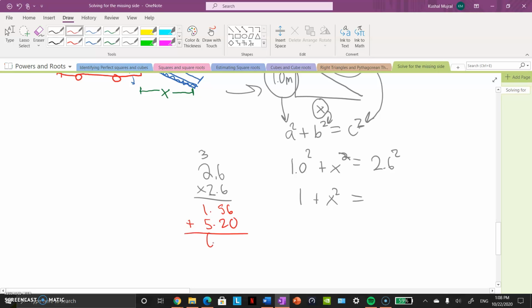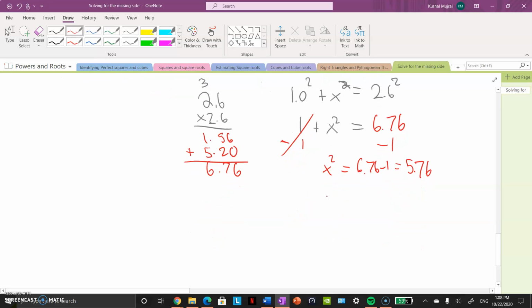This adds up to 6.76. Okay, 1 plus x squared equals 6.76. Now we can subtract 1 from both sides, and x squared equals 6.76 minus 1, which is 5.76. So x squared equals 5.76. Now we can square root both sides. And x equals the square root of 5.76.